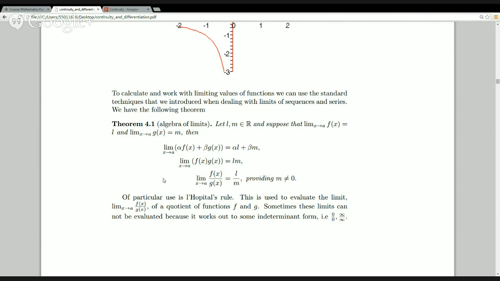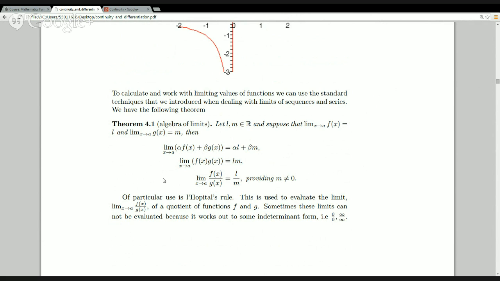The limit of a linear combination is the linear combination of the limits. And the second one about products is saying the limit of the product of functions is the product of the limits of the two functions. And the third one: the limit of the quotient is the quotient of the limits.